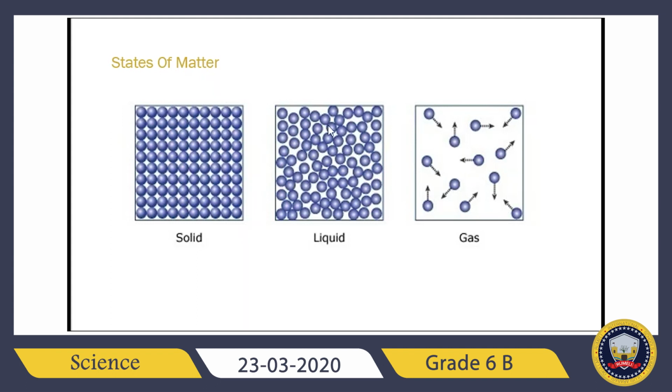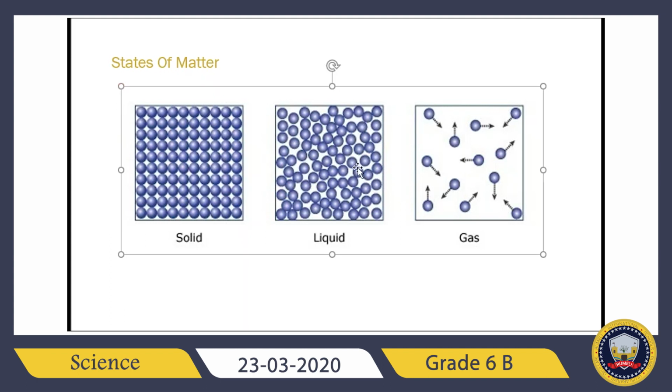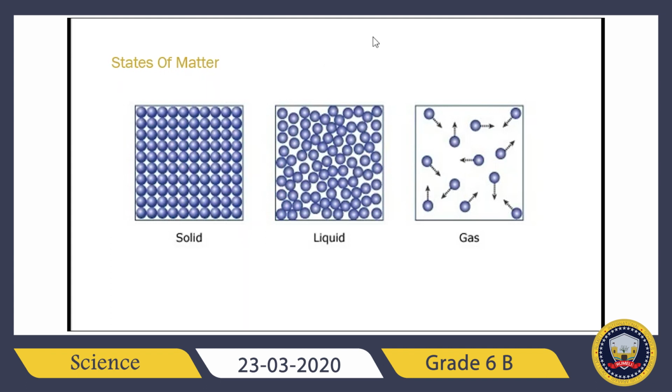So what about the volume of liquid, guys? Again, can we compress the liquid easily? Actually, we cannot compress or expand the liquid easily. Why? Because the spaces between particles are too small. So that's why liquid has a definite volume.